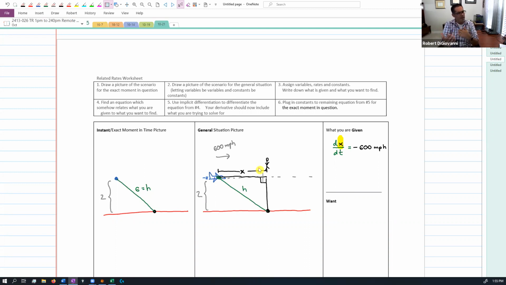So is it positive or negative? Well, the distance is shrinking between you and the ball, yes? So it still has the same speed, but you look at that as being negative because it's coming towards you instead of going away from you. So this idea of positive and negative speed is all about your position within the physical situation. And because x measures this distance from the plane to that vertical line above the radar station, physically that thing is shrinking. So we look at it as a negative speed. I hope that makes some sense.